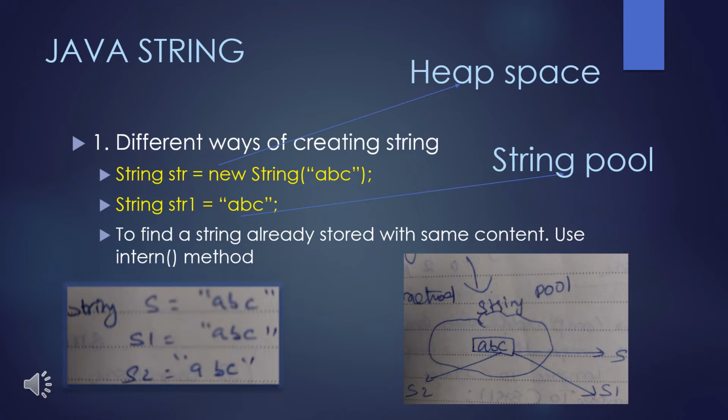For example, if I am creating an object like Permutation abc equal to new Permutation, this abc will be created as a stack base, and all the variables it is accessing, all the methods it is accessing, the values it is getting, everything will be stored under this Permutation stack.